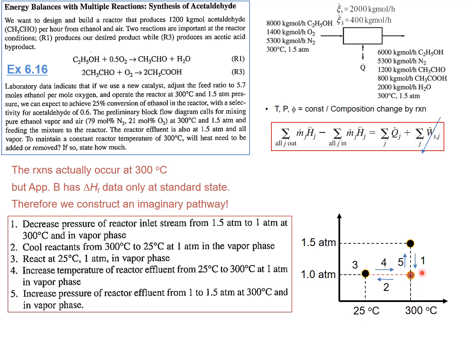In this case, no phase change. I mean, over the whole process, we would keep the vapor phase. So step 1, still vapor phase without change in phase. And then I'd like to decrease the temperature from 300 Celsius degree to 25 Celsius degree.